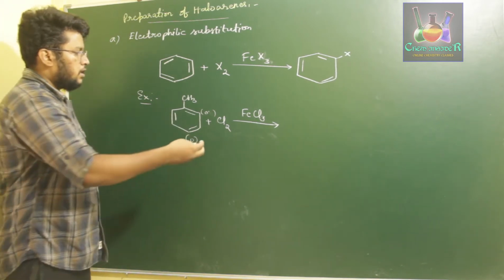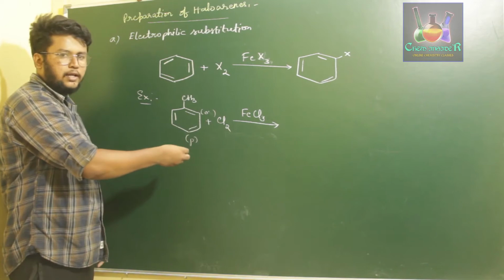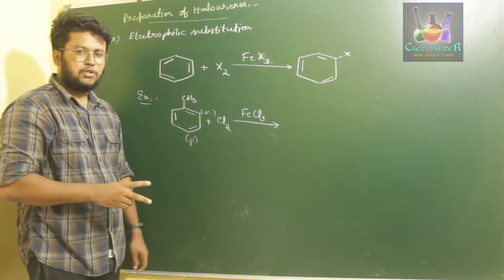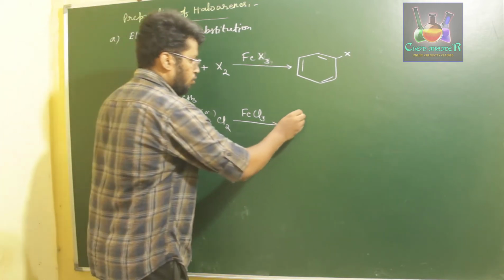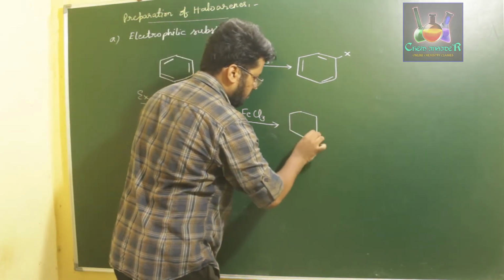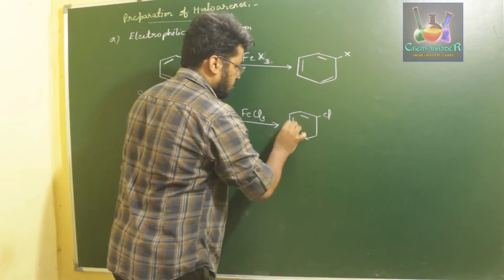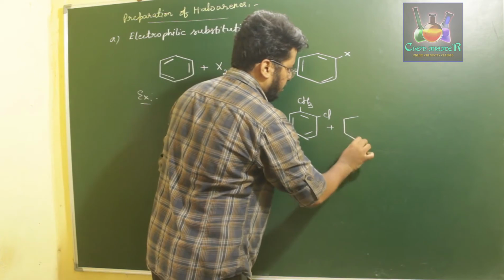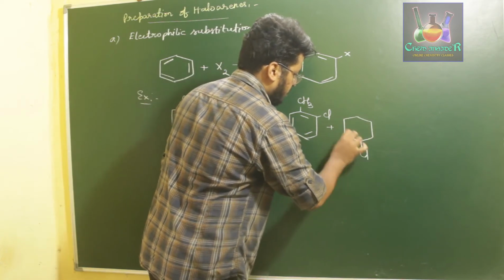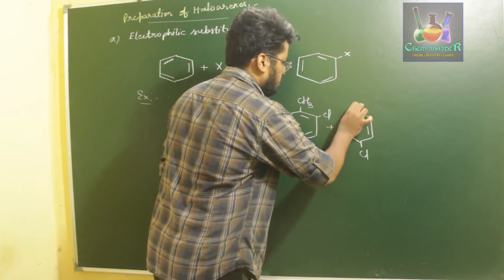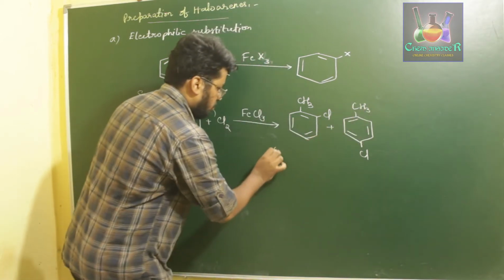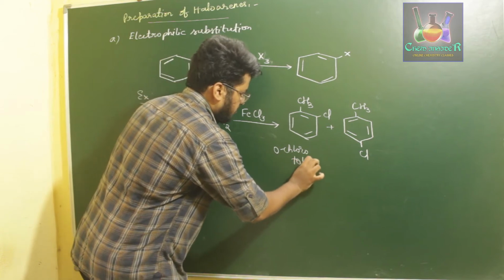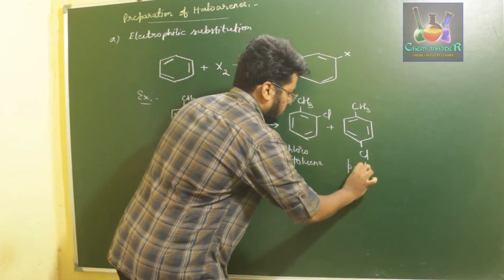That means it directs the incoming electrophile to either the ortho position or the para position, resulting in a mixture of two products. One is an ortho product like this, and the other is a para product like this, with Cl and CH3. This is called orthochlorotoluene. This is parachlorotoluene.